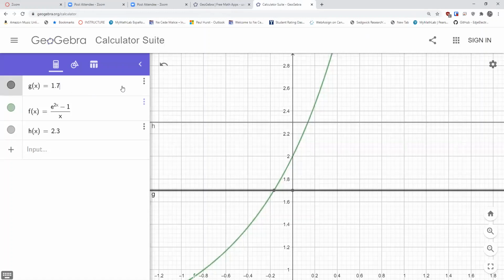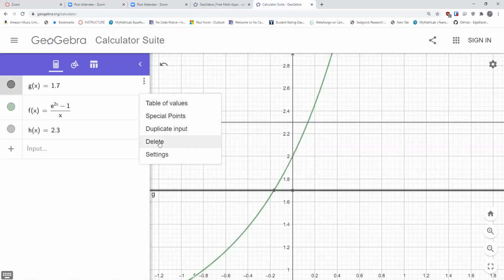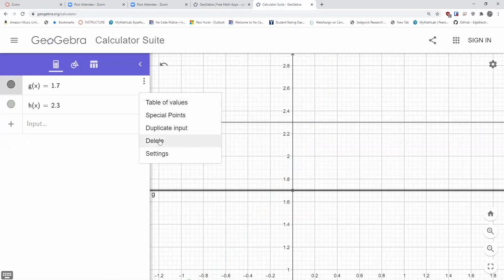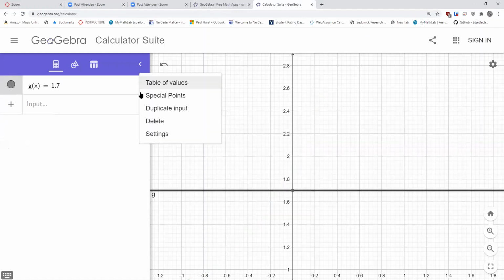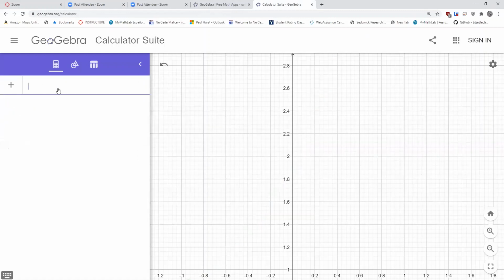I've got some stuff here, but I'm going to delete everything. You don't need to worry about that. Okay, so I'm going to put in the function, which was x to the third minus 5x minus 4. Okay, so that's the function that I have.